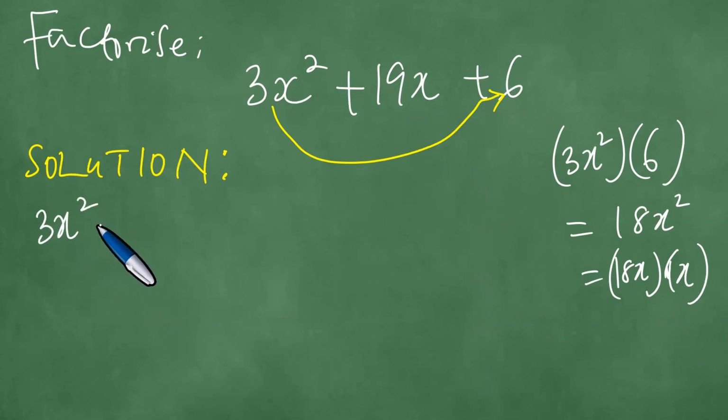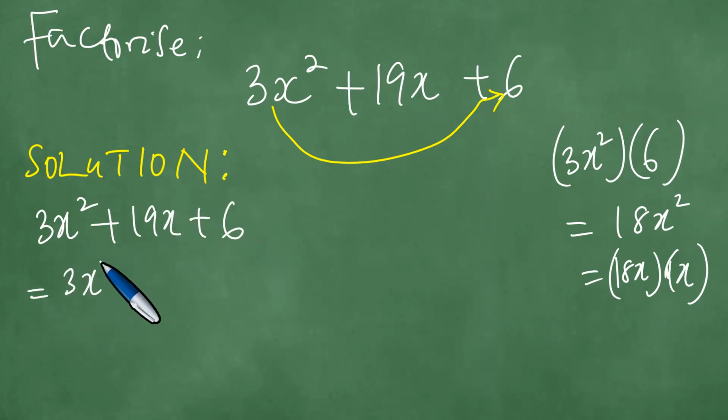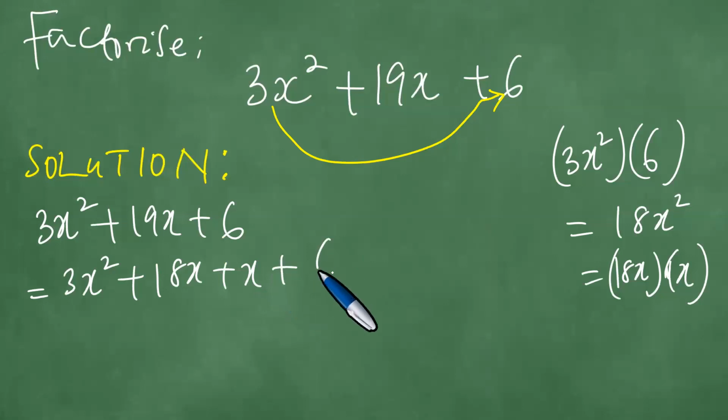So 3x squared plus 19x plus 6 means it is 3x squared plus 18x plus x plus 6. Because 18x plus x, the sum gives us 19x. You get the point.